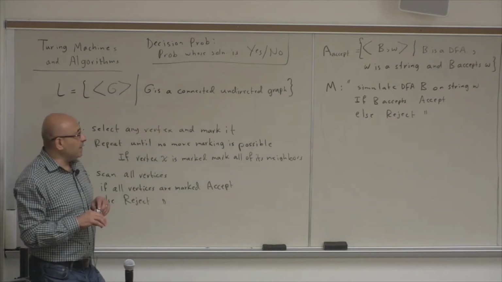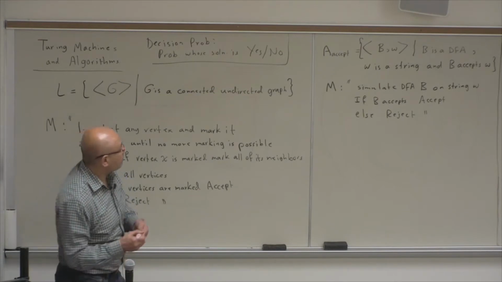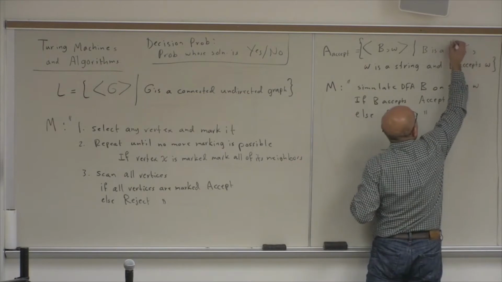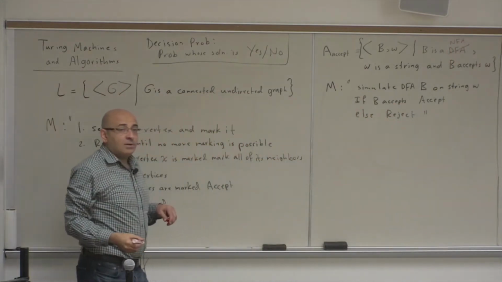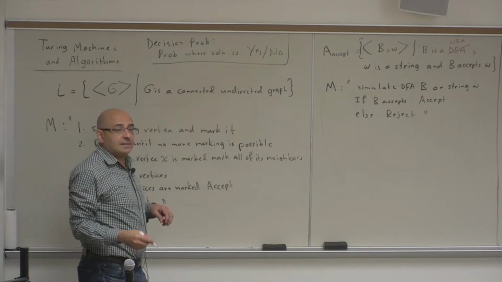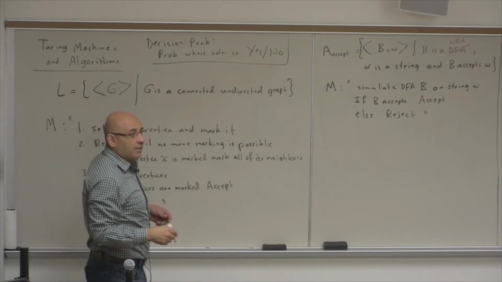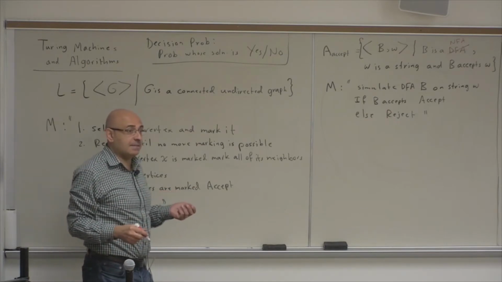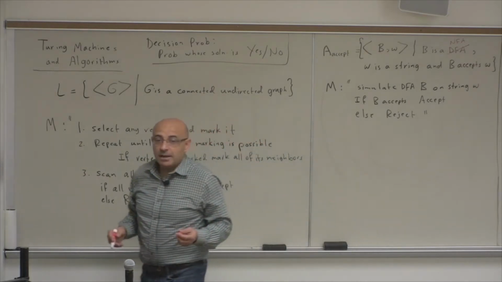So if we make B an NFA instead of a DFA, all we need to do is convert the NFA into the DFA. And we know that there is an algorithm for this that we have studied. By the way, it's an exponential algorithm. The subset construction is an exponential algorithm, but here we don't care.